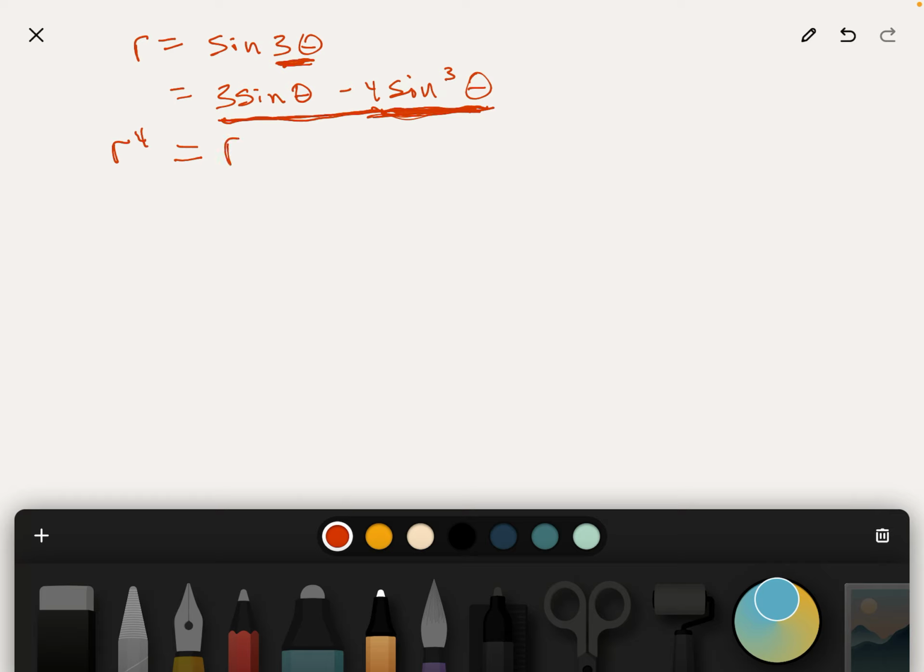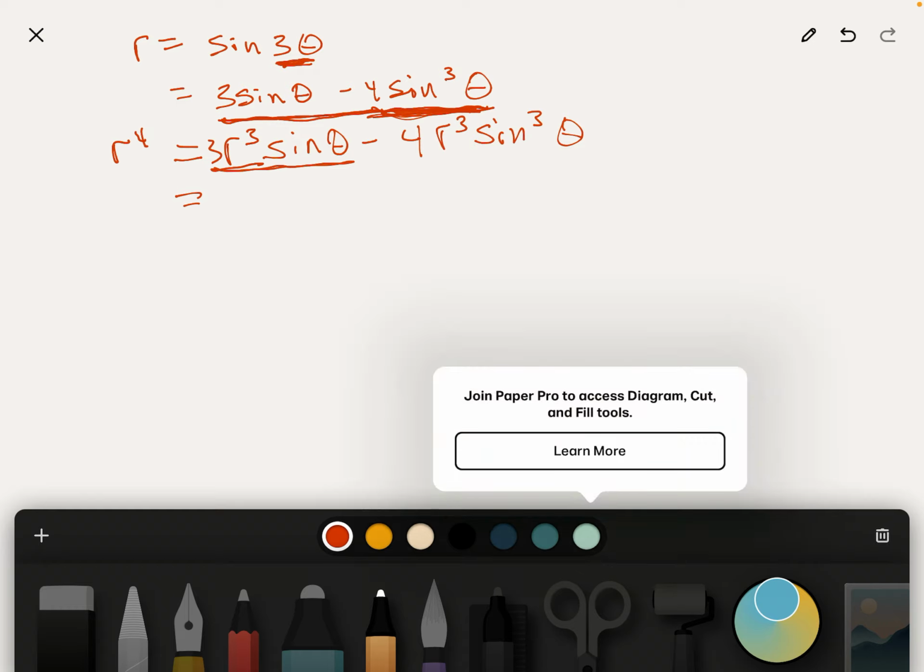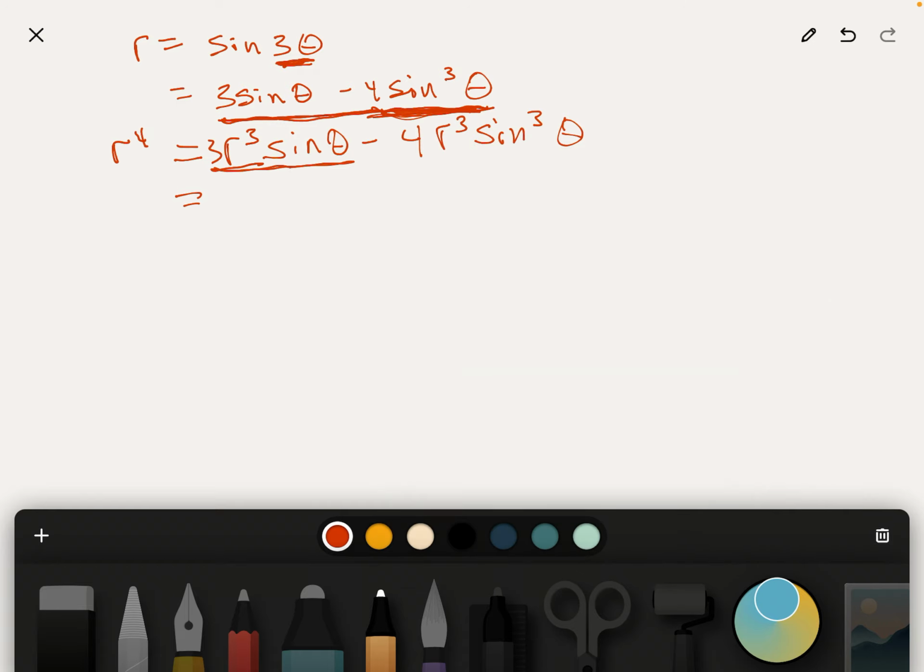Then you've got 3r cubed sine theta minus 4r cubed sine cubed theta. Okay, now for this term here, in a sense, you only need one r to get rid of the sine theta.